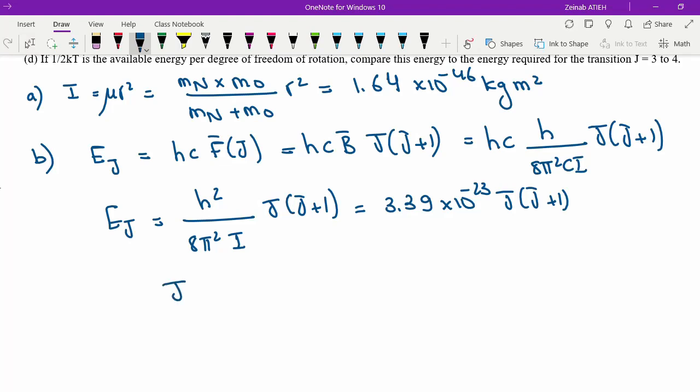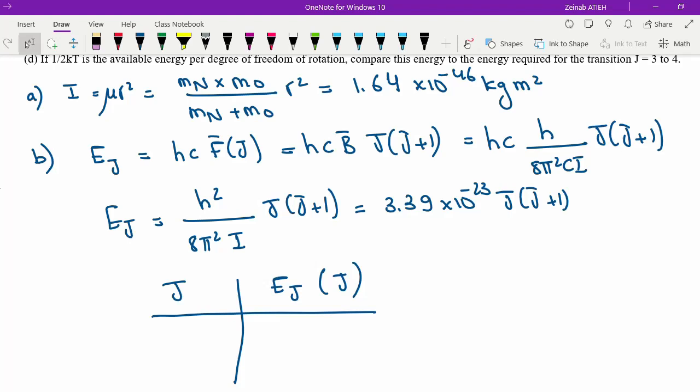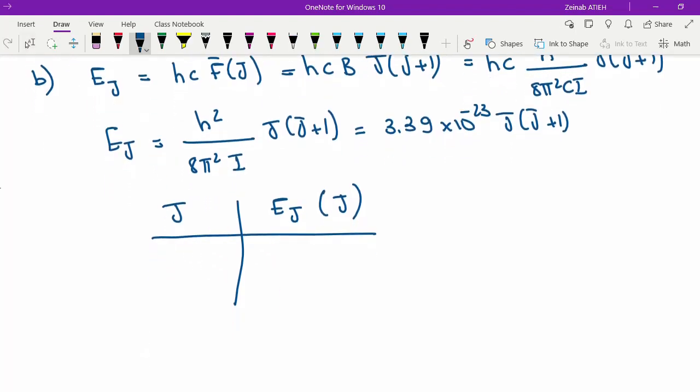So this is the table. J, and energy of J in joule. For 1, I found the answer to be 6.78 times 10 to the power minus 23.